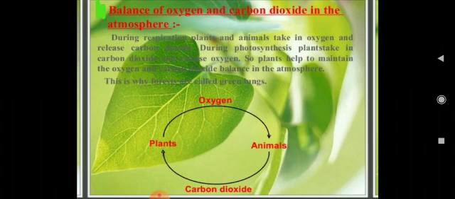Plants take in carbon dioxide and release oxygen, so plants help to maintain the oxygen and carbon dioxide balance in the atmosphere. This is why forests are called green lungs, right? Forests influence the climate, water cycle and air quality of planet Earth in a big way.